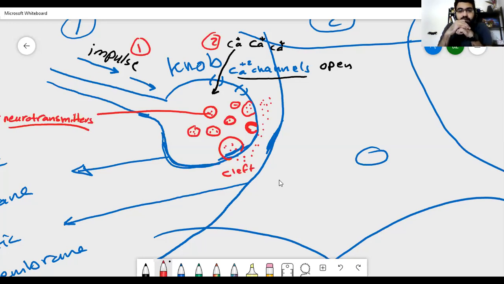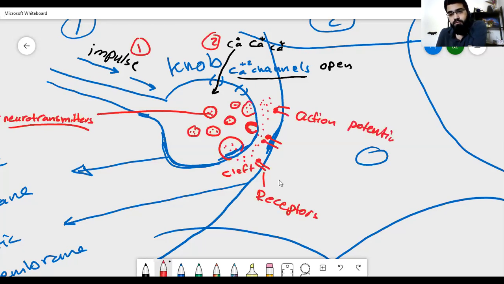The neurotransmitters then attach to receptors. These receptors are found on the membrane of the next neuron, which we called the postsynaptic membrane. Binding of the neurotransmitters on the receptors leads to an action potential in the next neuron.